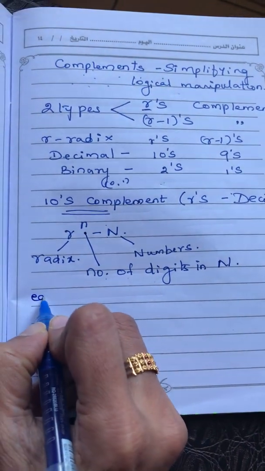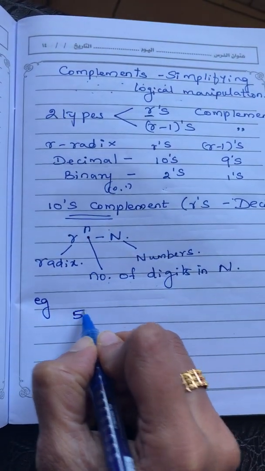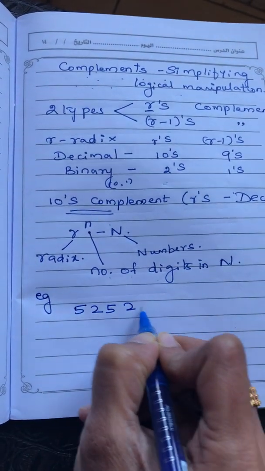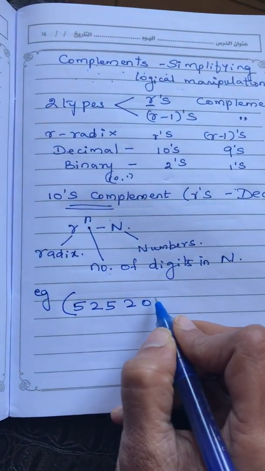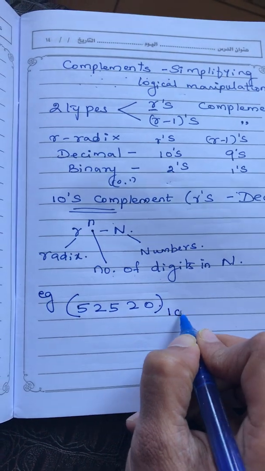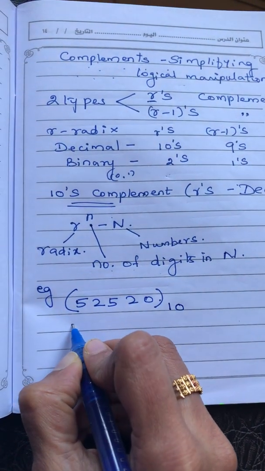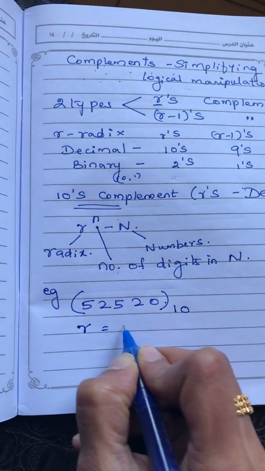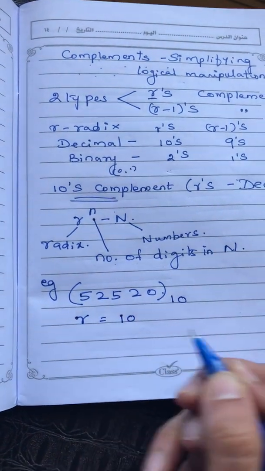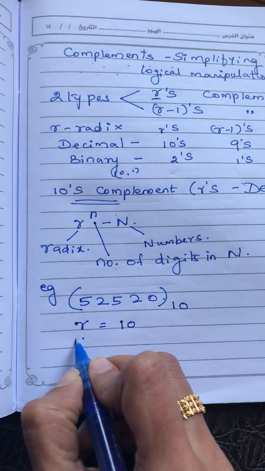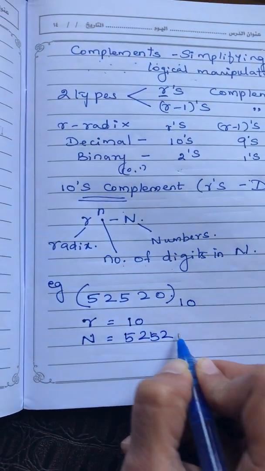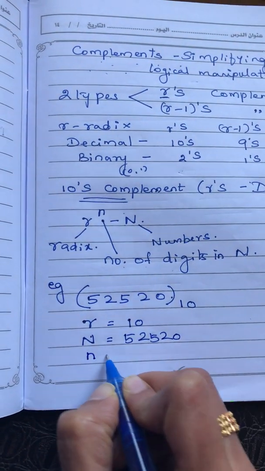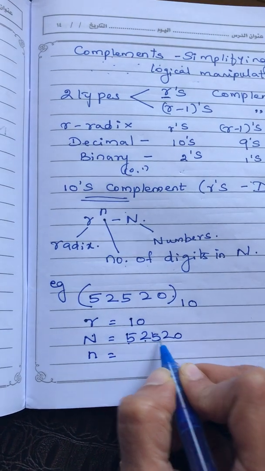For example, if we say 52520, this is a decimal number system, so we give the value of r as 10 because the base is 10. The given number is 52520. Number of digits in this is 1 2 3 4 5.